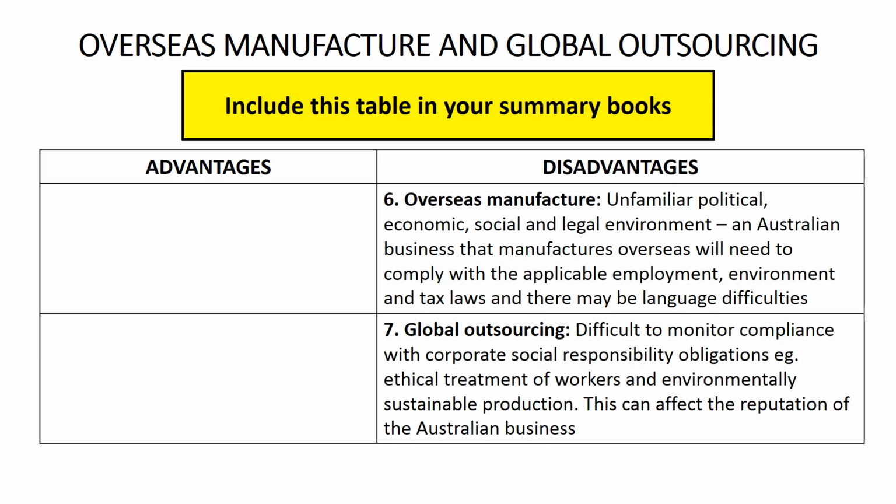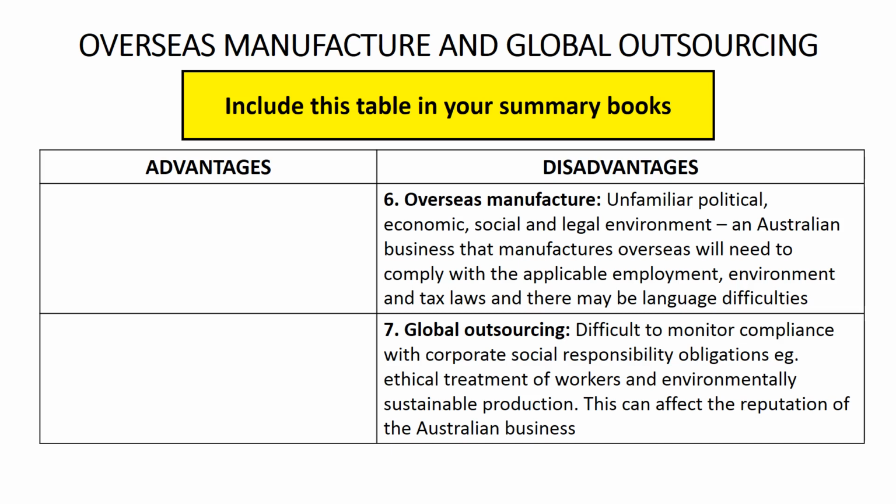This means that, for example, the Australian business will need to learn about and comply with all of the laws of this country that apply to it, such as employment, environmental and tax laws. The Australian business will also need to understand and accommodate the social customs that apply in that country, such as what is considered to be polite behaviour, and it may need to cope with people who don't speak English.